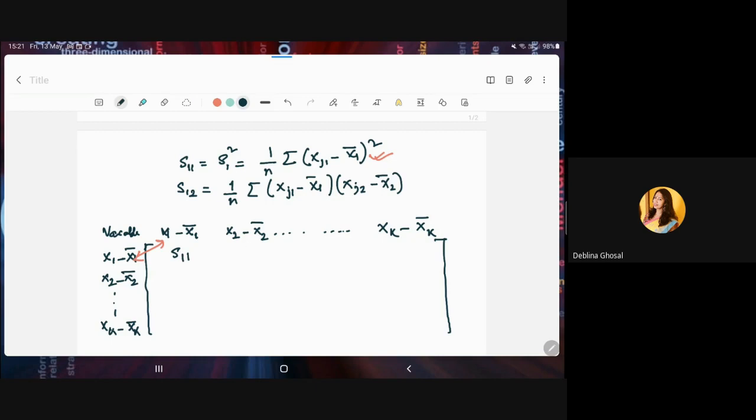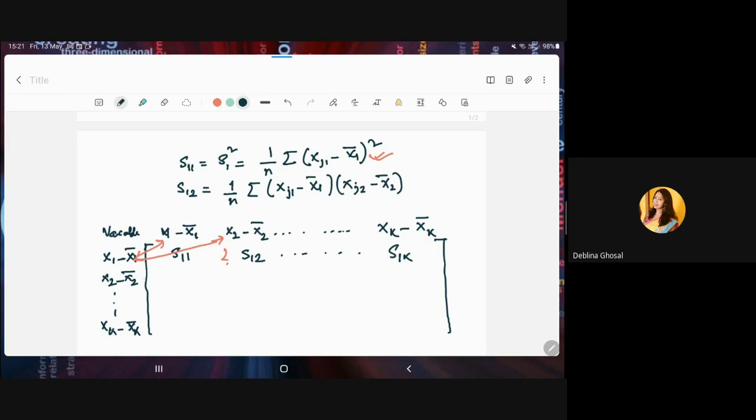But in this place, what do we write? This is the multiplication between this one and this one, x1 minus x1 bar and x2 minus x2 bar. So we write it as S12, the covariance between x1 and x2. And in this way, this is the covariance between 1 and k.